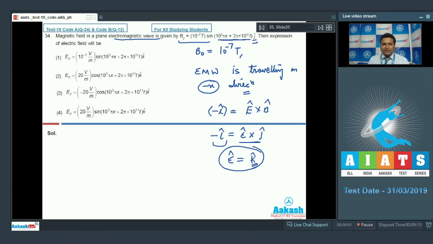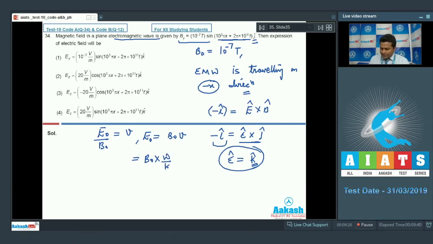Now let us calculate the amplitude of electric vector in order to obtain the equation. We know that E naught upon B naught equals speed. Therefore, E naught will be B naught multiplied by speed. B naught is already given in the question. What will be the speed?